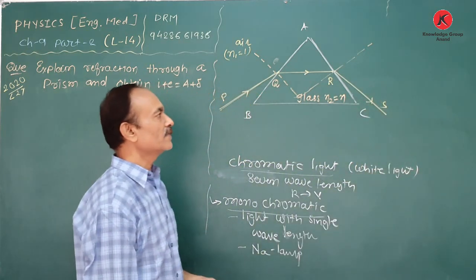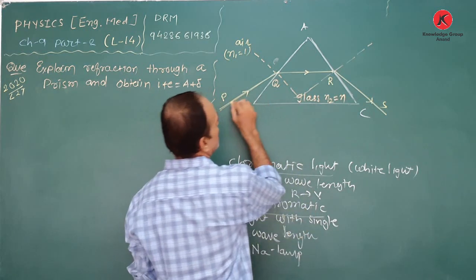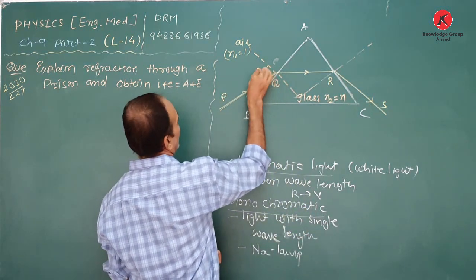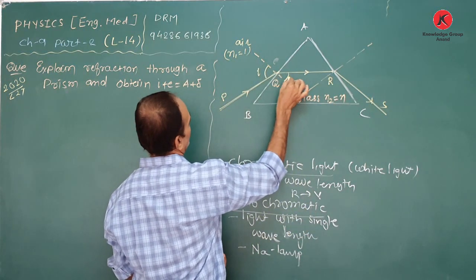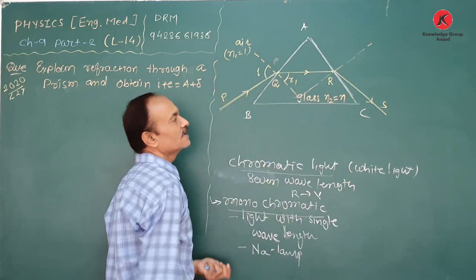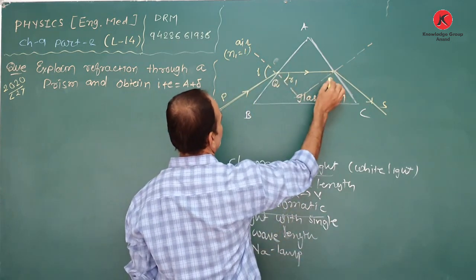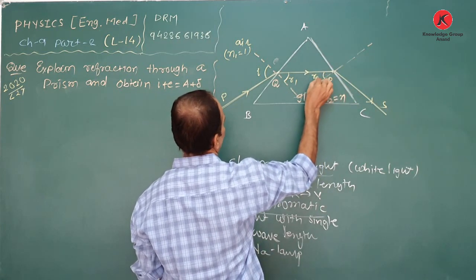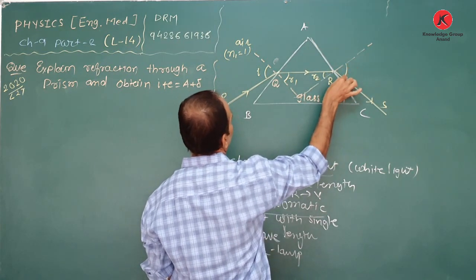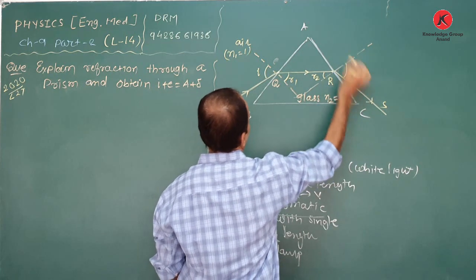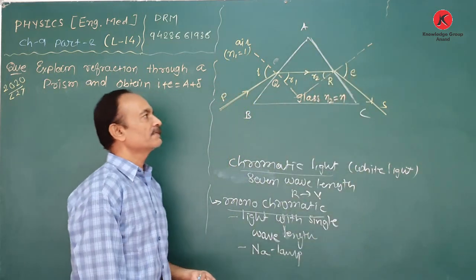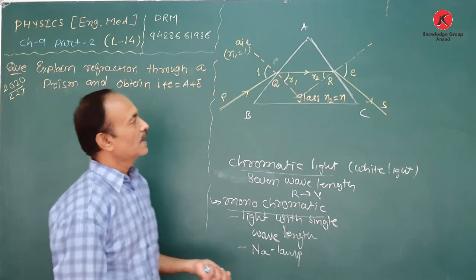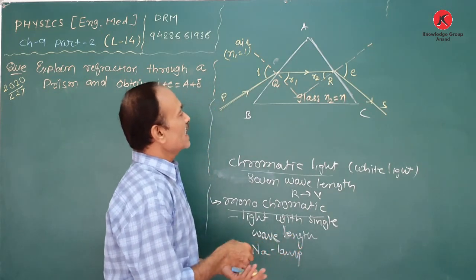Here, the angle of incidence is i, the angle of refraction is r1. The QR ray is incident at point R on surface AC at angle of incidence r2. Here, the angle of emergence is e.